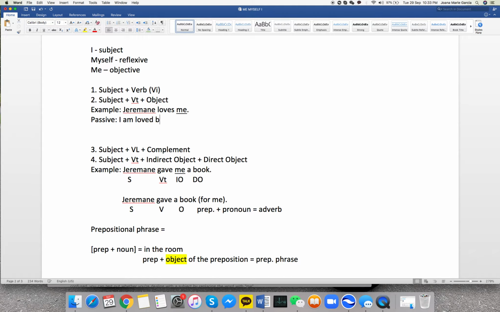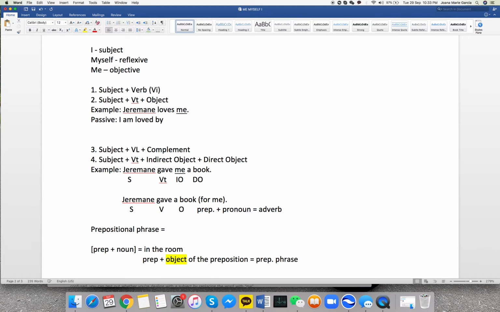I am loved by Jermaine. So I am loved by Jermaine. In that case, I can also say I am loved by him. After by, remember that the objective pronoun is used, so it's not he, it should be him. So it should be I am loved by him or by Jermaine. And I use I there because it's now the subject of the sentence.